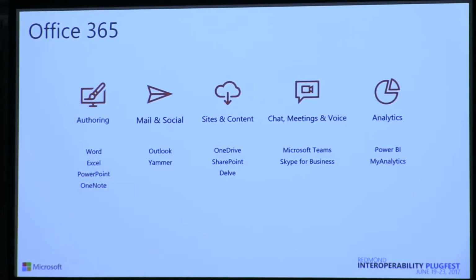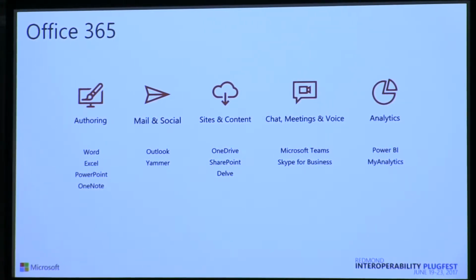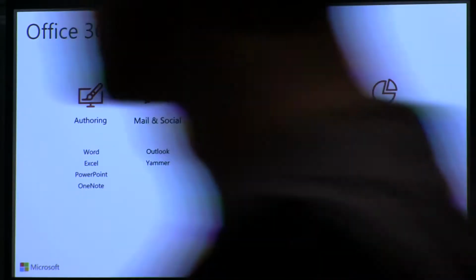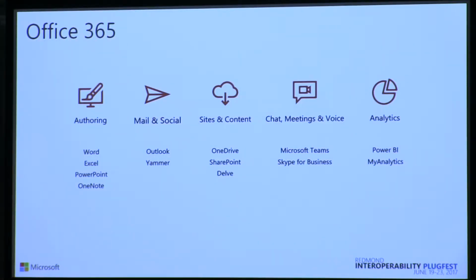You can do mail and social interaction. You can create content, SharePoint, OneDrive, for instance. You can do communication, chat, messaging, and voice. And more interesting scenarios evolve when you get into analytics around this data. So Power BI, analytics. There's a really rich set of features that users are using in their work environment.